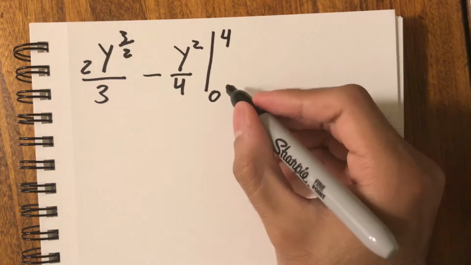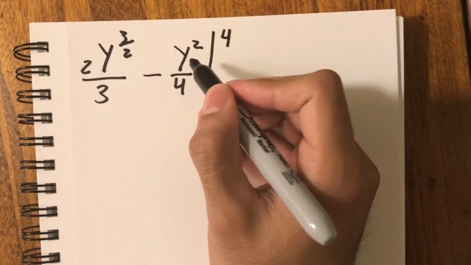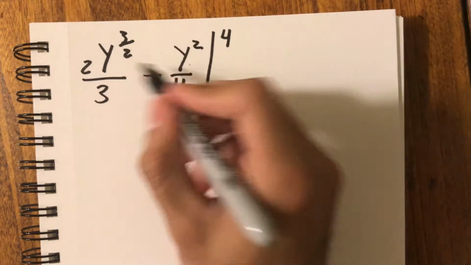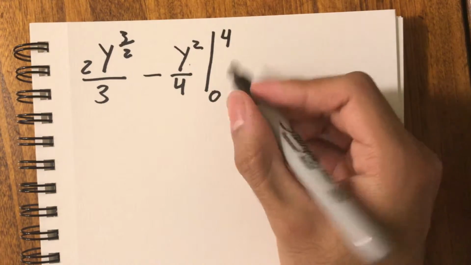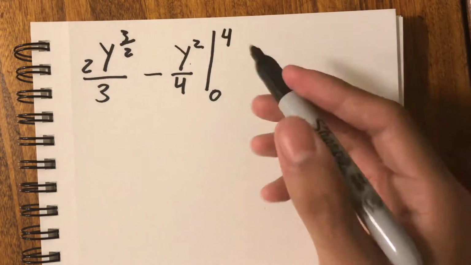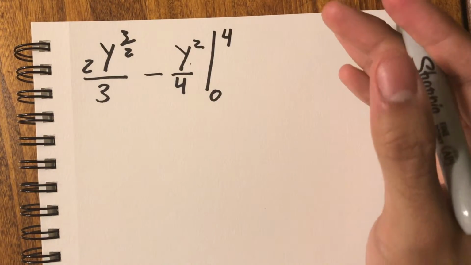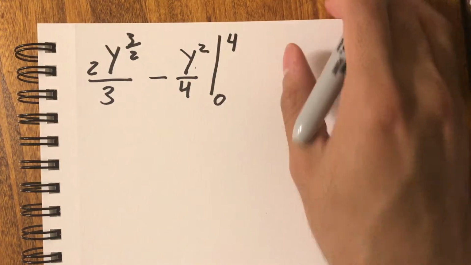So we know that the lower limit is going to be 0, and since both terms have things we plug into, we're just going to ignore that because we know it's going to equal 0. So when you put it in terms of y instead of x, you plug into the y instead of the x. It's not trivial, it's not rocket science, that's just what you do.